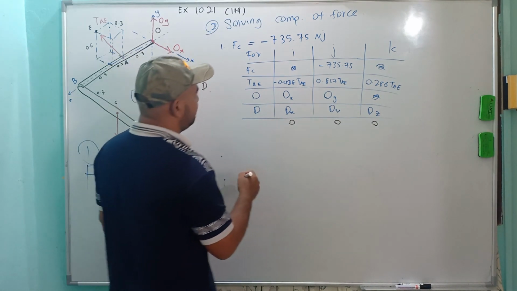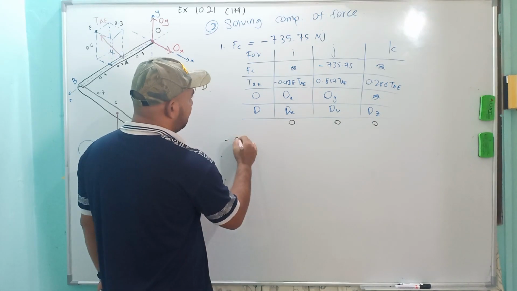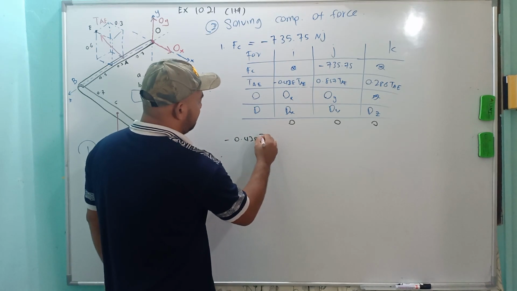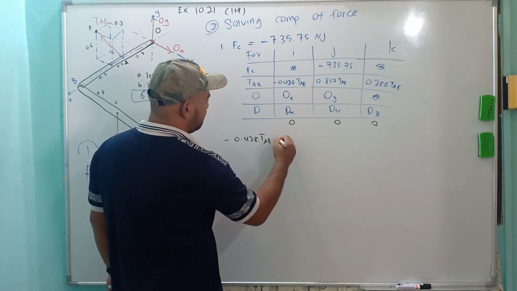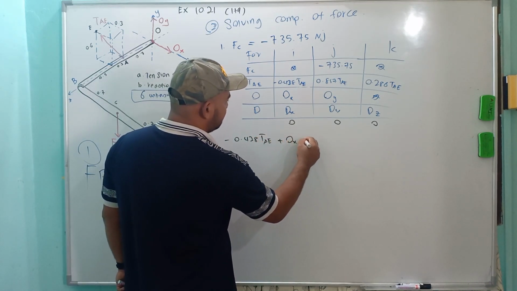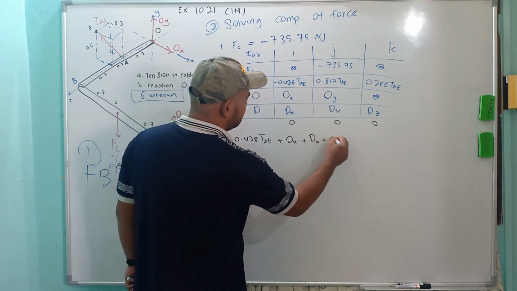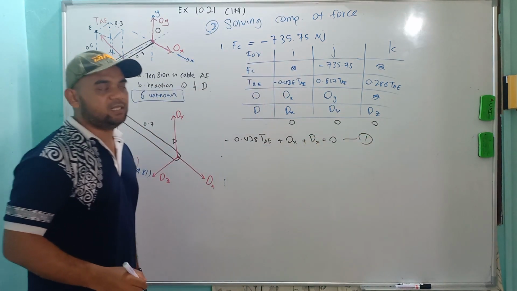So your equation will be minus 0.428 TAE plus OX plus DX equal to 0. This is your first equation.